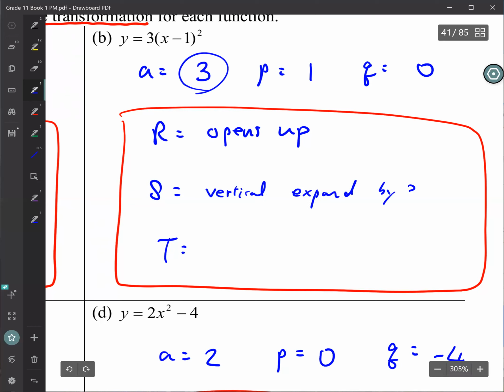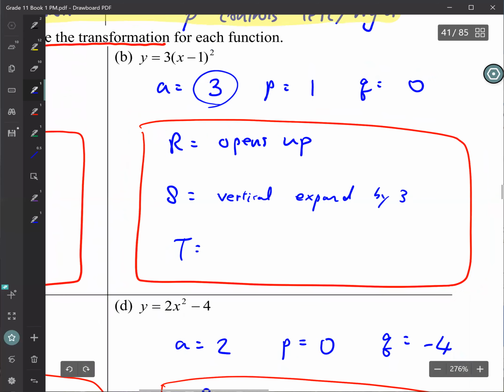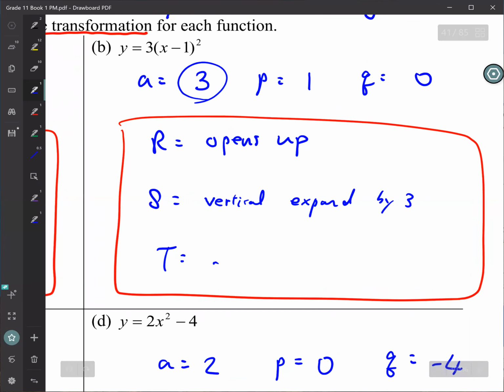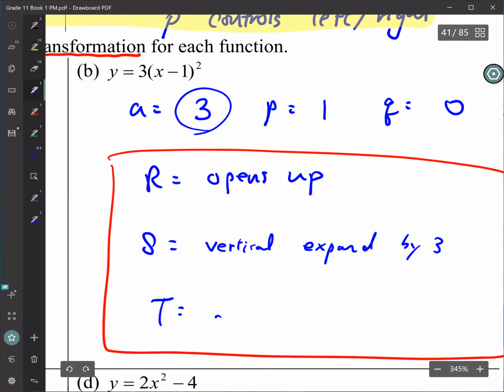Okay, translate. Waylon, what's the translation for this one? It's down 4 and it doesn't move left or right. Question B. Which one are you looking at? Wait, let me see.